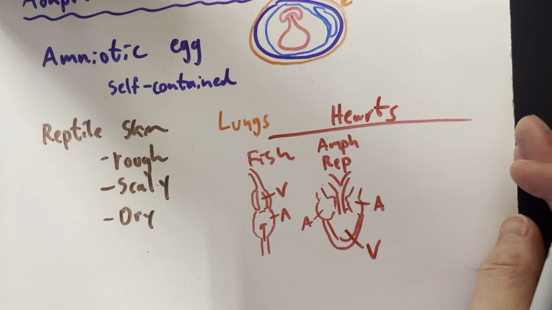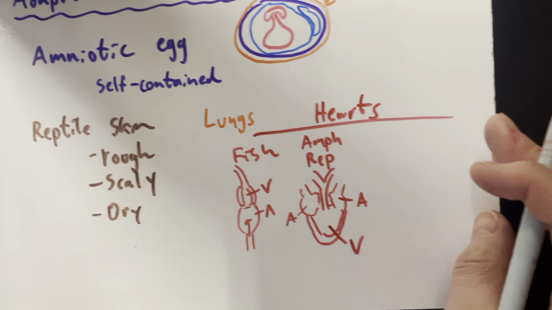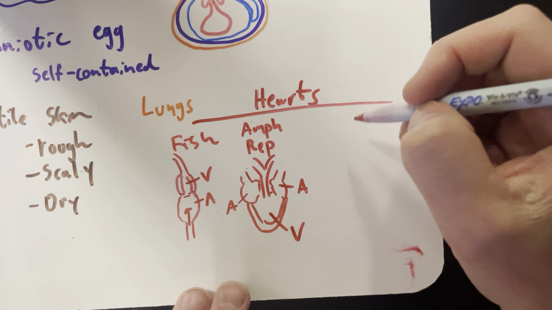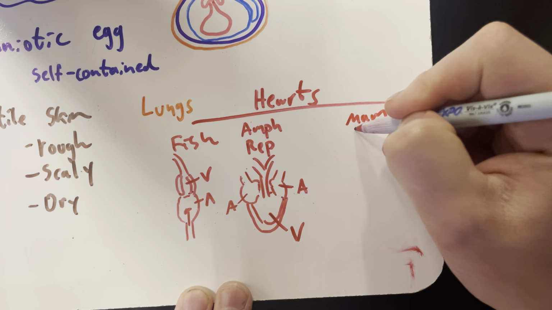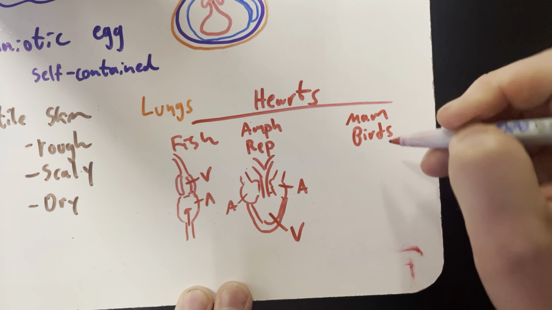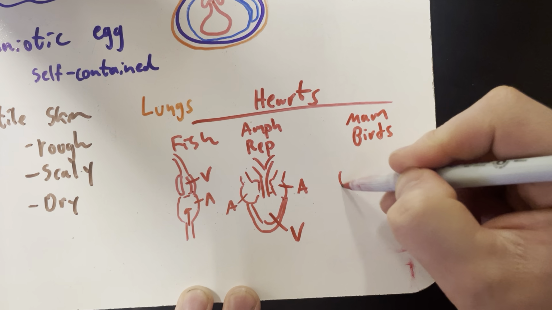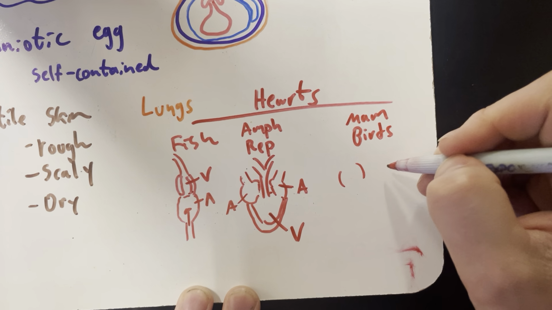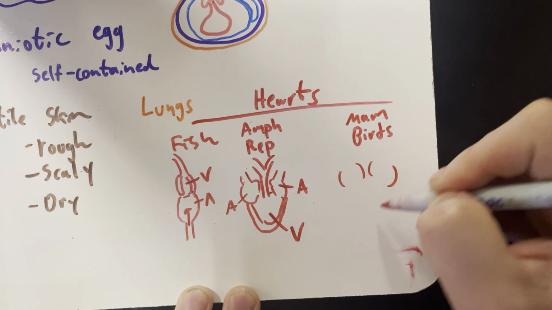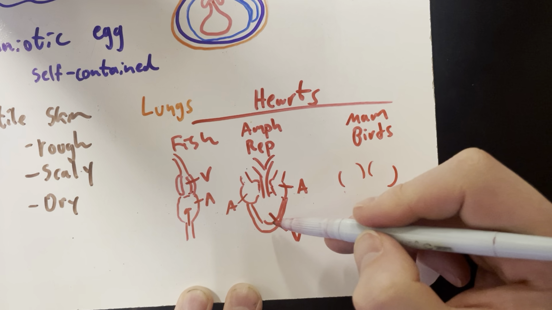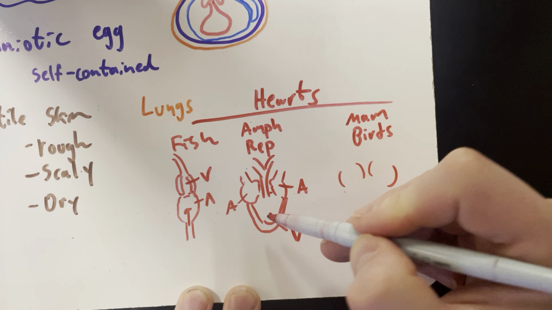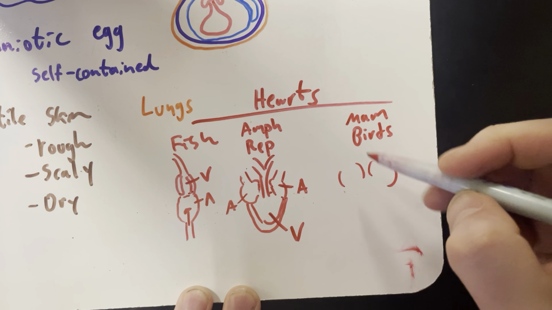How many chambers are in your heart? 4. Yep. Mammals have a 4-chambered heart. Birds too. We'll cover this again when we do human anatomy notes. But you have 2 atria, and then the ventricle here is similar to the reptile one, but then it's divided in half, actually.